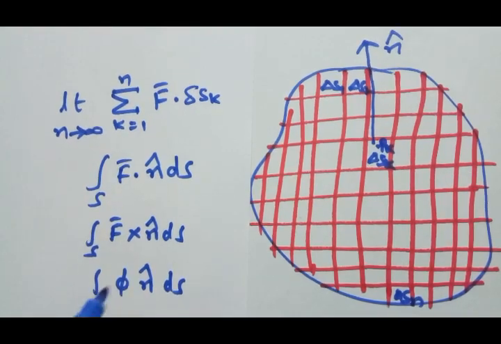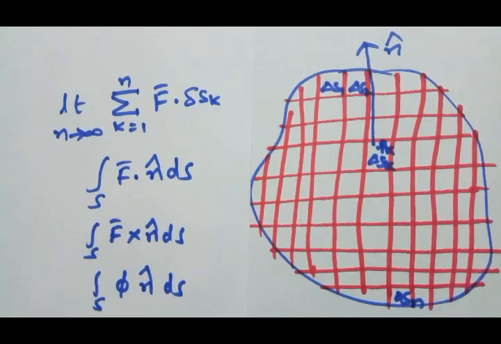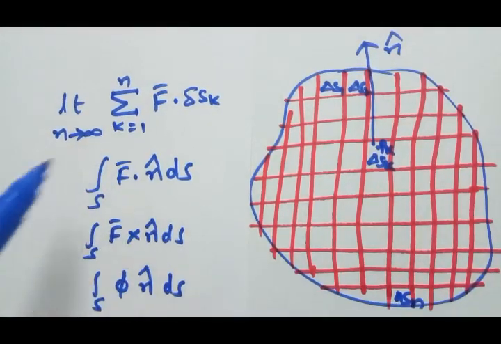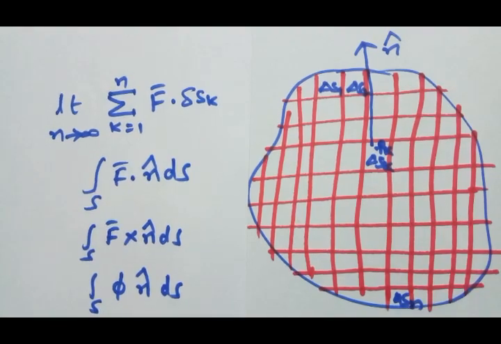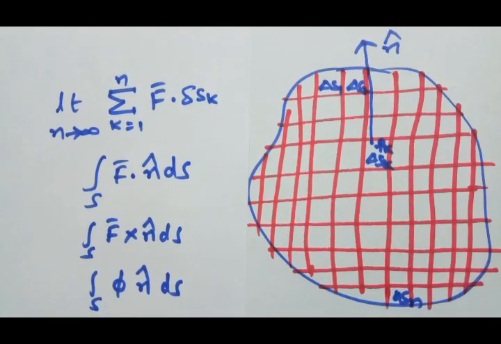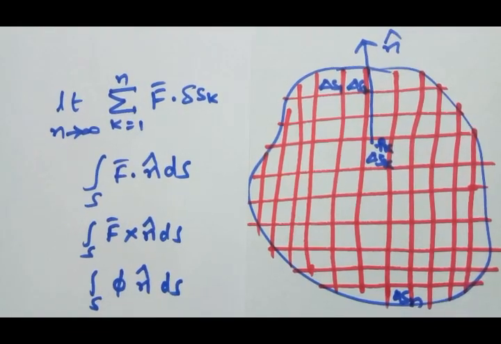That means if the flux over each and every closed surface in the region becomes 0, then f bar is said to be a solenoidal vector in its region.